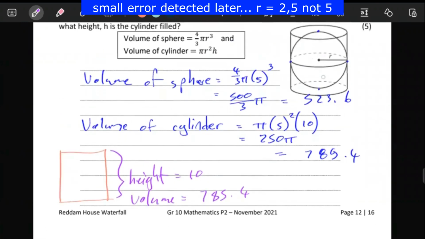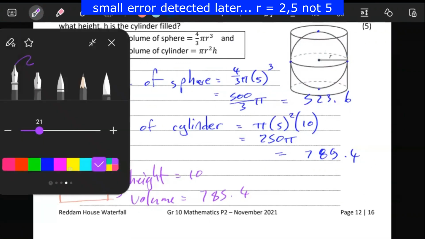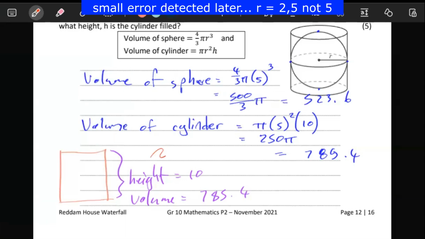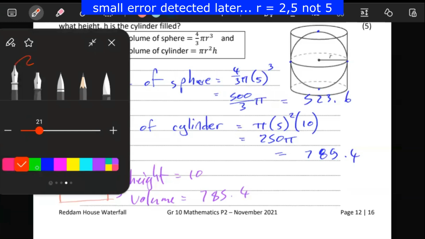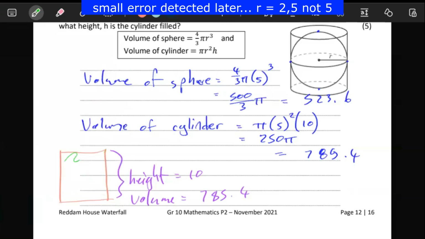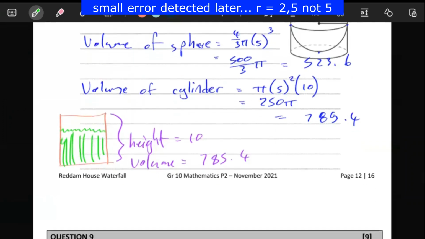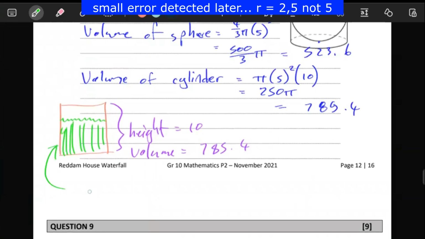However, when the liquid from the sphere pours out, it's only going to cover 523.6 centimeters cubed. So the liquid is going to go all the way until there. This volume that's in green is 523.6. So we want to work out which height it would end up at.